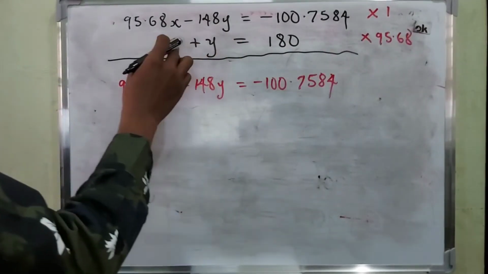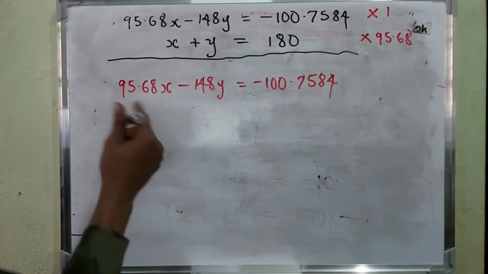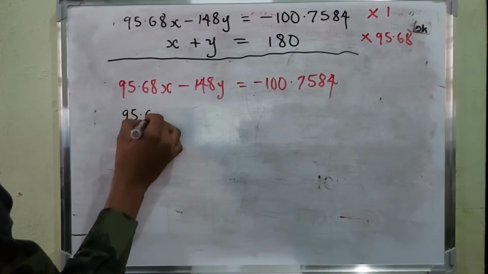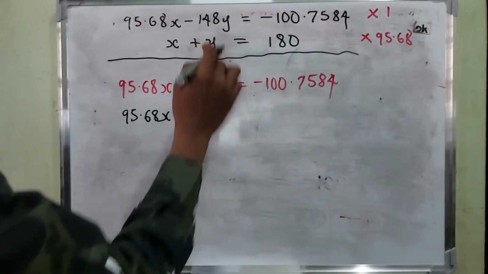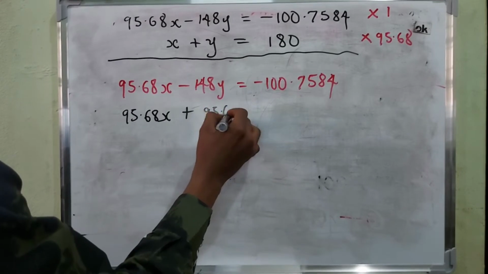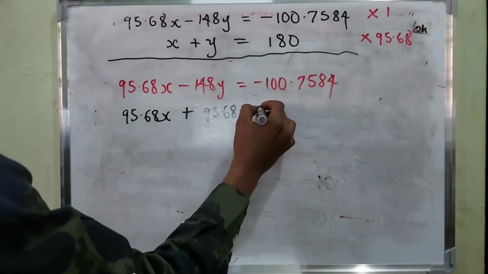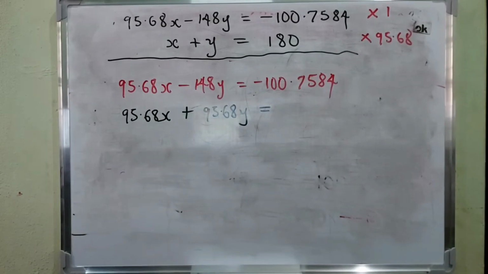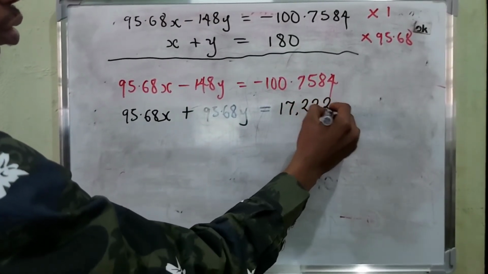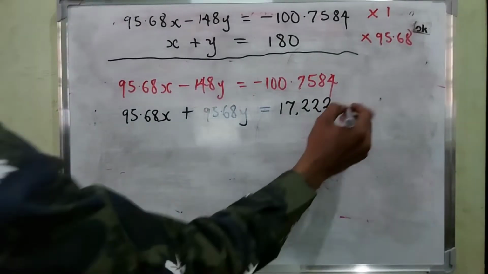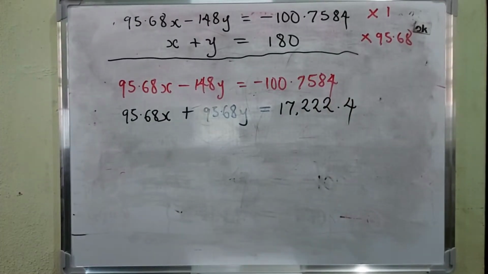Then 95.68 multiplied by x gives 95.68x, plus 95.68x multiplied by y, 95.68y, equals 95.68 multiplied by 180. That will give us 17,222.4, sorry. So we would have this expression.